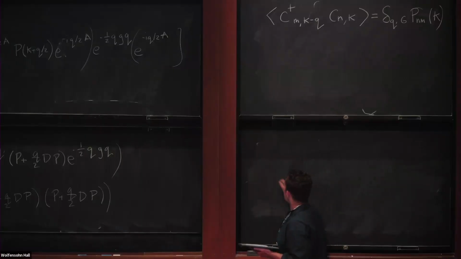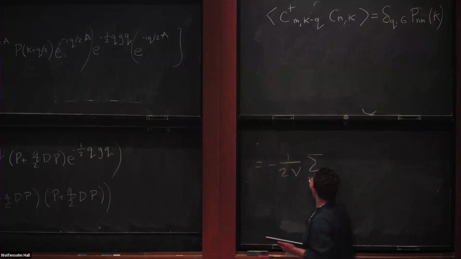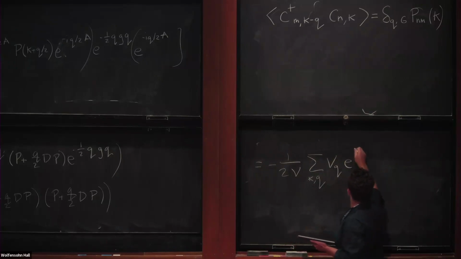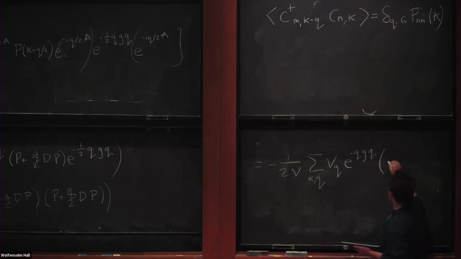And so the net takeaway then is that the Fock energy takes this really cool form: 2 V, sum over k, q, V_q, e to the negative q g q, times the trace of P, which is exactly just the local filling factor.